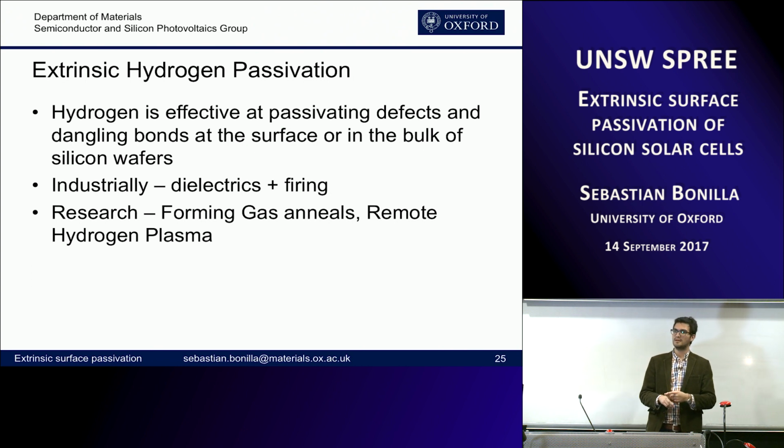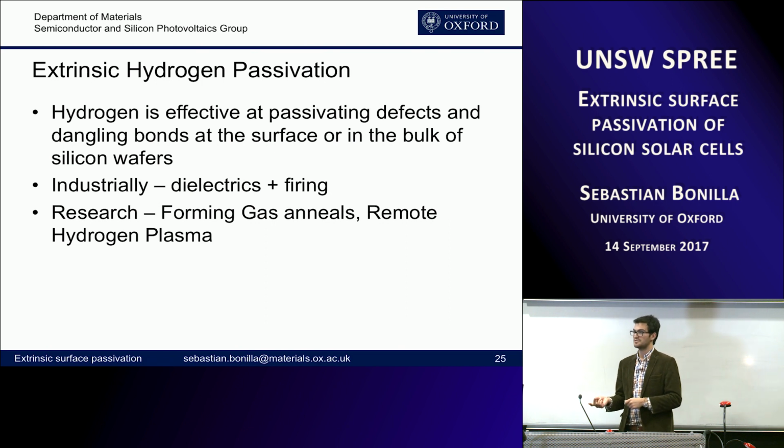One of them is doing forming gas anneals, but that's not necessarily the most industrial thing. It's relatively expensive. And the other method is having dielectric coatings that have a large concentration of hydrogen in them, and you can tailor how they release that hydrogen at high temperature to embed the hydrogen into our silicon underneath.